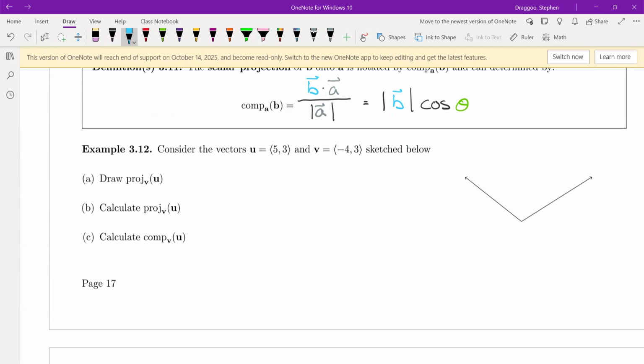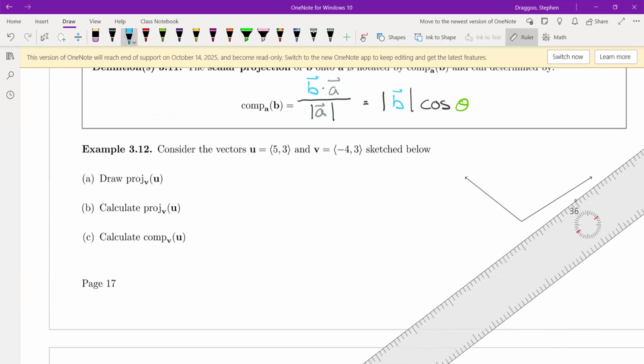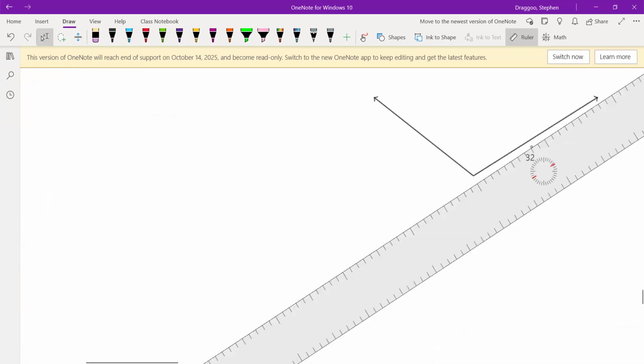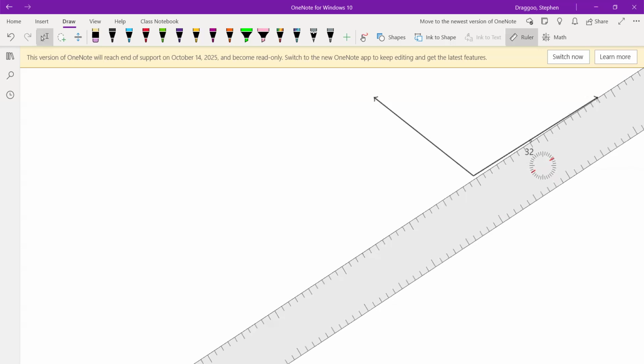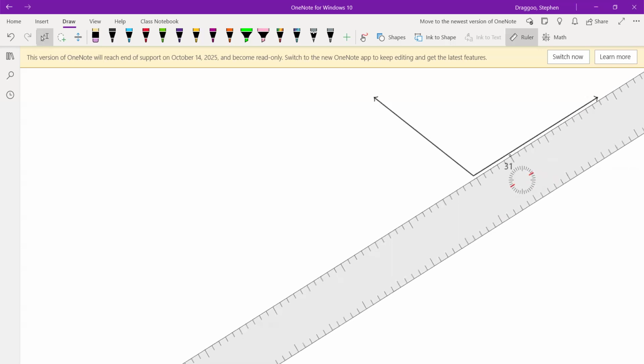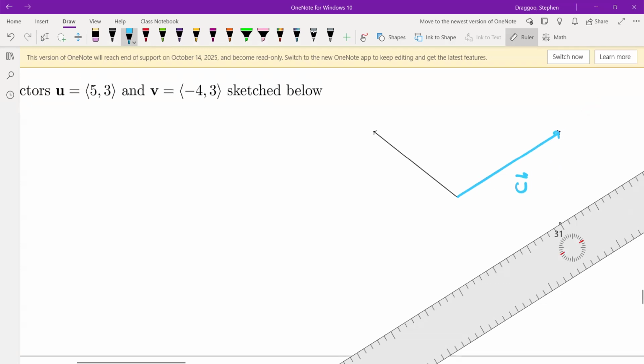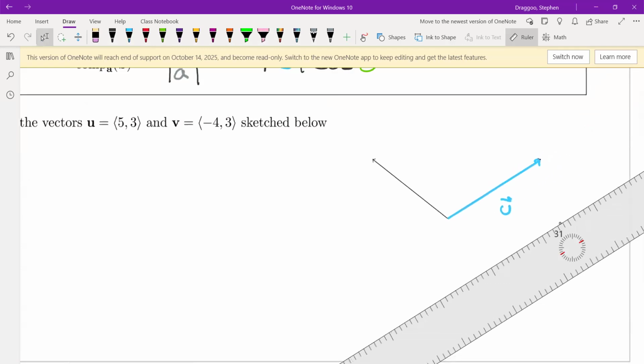So u, grab my ruler over here. What kind of angle are you at? 31 degrees, sure. So that's going to be u right here. V then is the angle going the other direction.